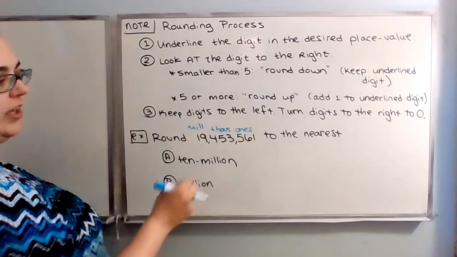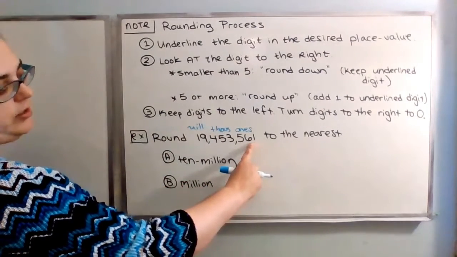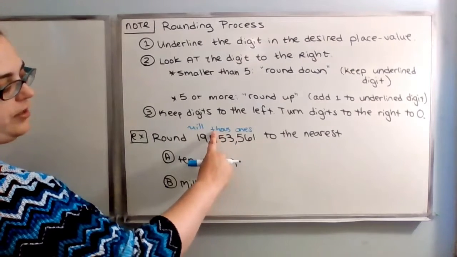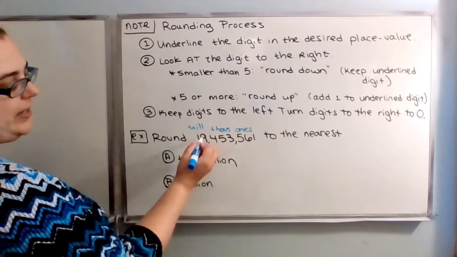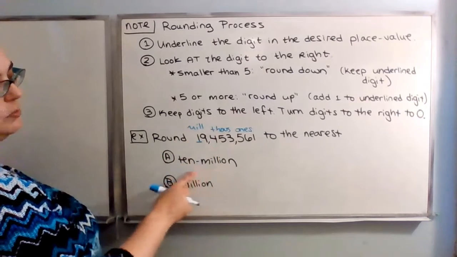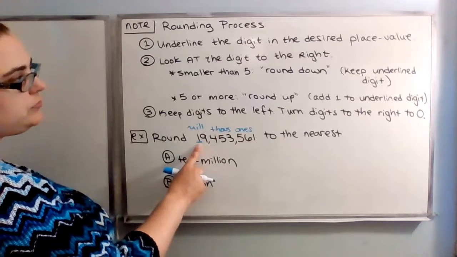And then remember, within each period, you count 1, 10, 100. So this is 1, 10, 100, 1,000, 10,000, 100,000, 1 million, 10 million. So we're interested in the 10 millions place, so I'm going to underline the digit in the 10 millions place.